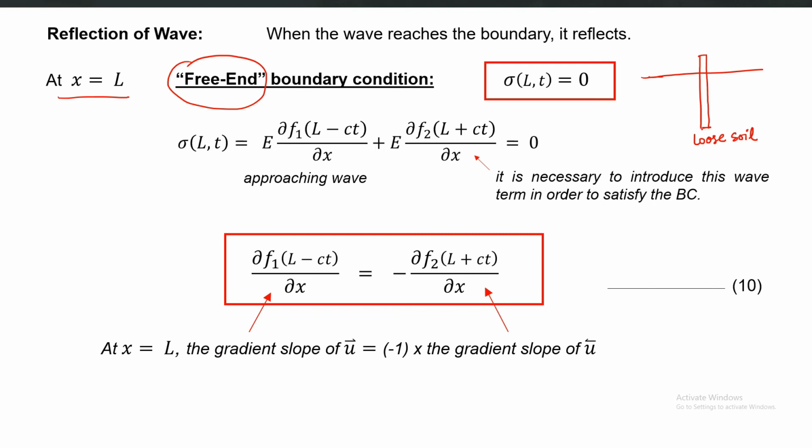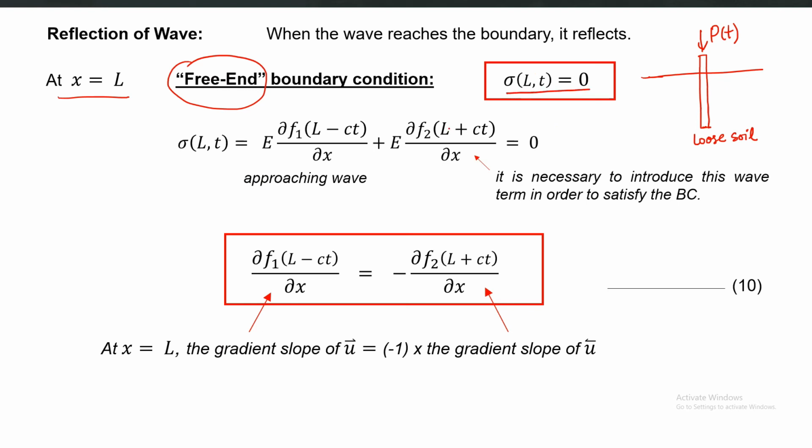If you apply some sudden force P of t, at the free end there will be no stress developed because the point at the free end is allowed to vibrate freely. So we now know that at the free end, at x equal to L, sigma equal to 0. This is the free end boundary condition.